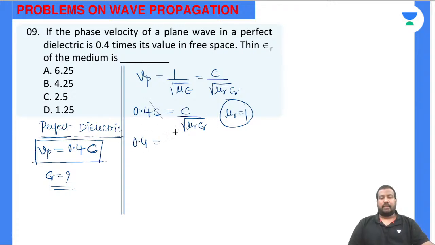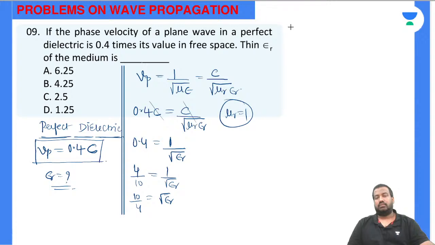C and C get cancelled. 0.4 is equal to 1 by under root epsilon r. 4 by 10 is 1 by under root epsilon r. 10 by 4 is under root epsilon r. 2.5 is under root epsilon r. Epsilon r is 6.25.